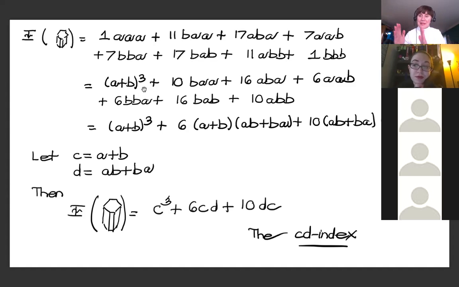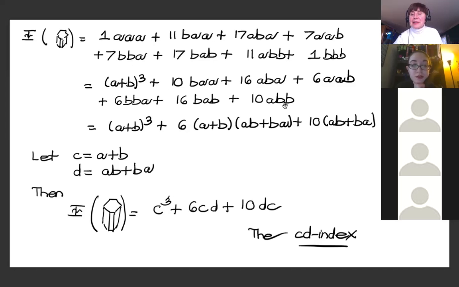I have to keep them in the same relative order. So when you have A plus B cubed, that actually pulls 1 off of the coefficients on each of these monomials. So A plus B cubed pulls a 1 off of the AAA, so it's gone. Here, this 11 BAA, one of those BAAs is contained in this A plus B cubed, and I get a 10, etc.